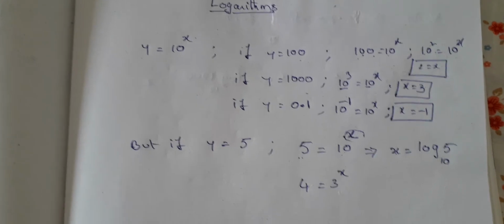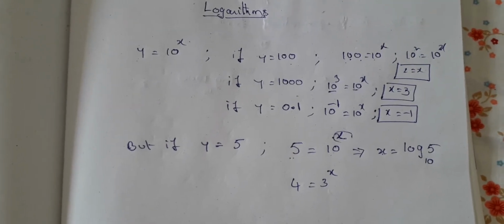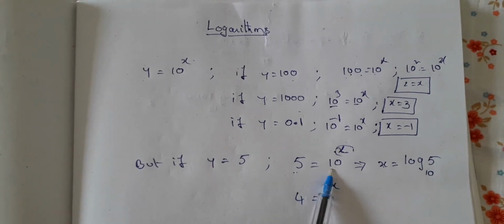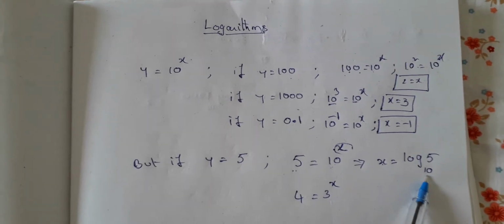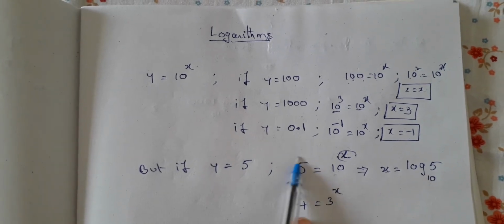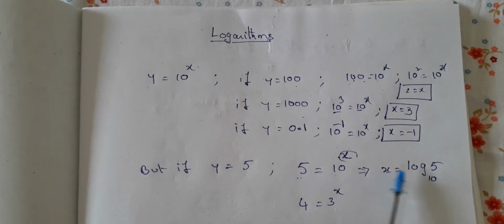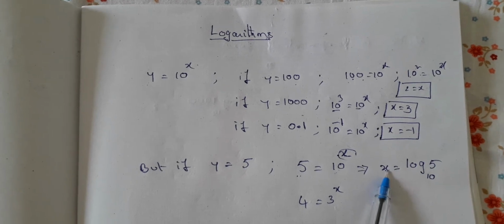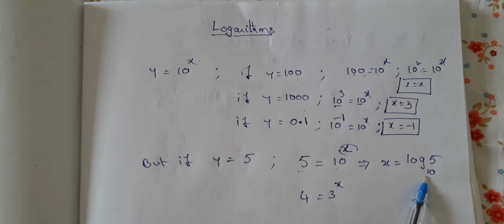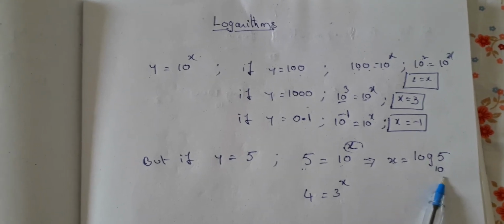So this is how a new technique has come into existence. Here 10 is at the base, and here also 10 is at the base. Log 5 base 10 is equal to x. Usually whenever it is base 10, we won't mention it; directly you can also write it as log 5.